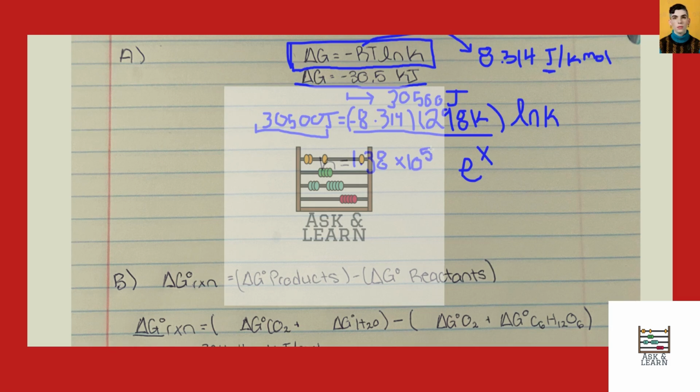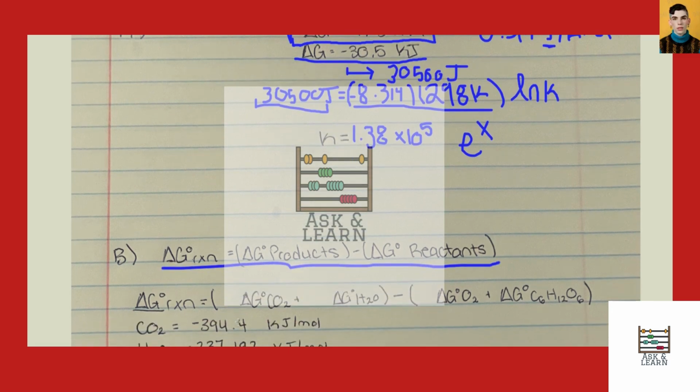Perfect. All right, so the next part asks us to find the delta G of reaction for the metabolism of glucose. So we're given the reaction, and we're going to use this formula, products minus reactants.